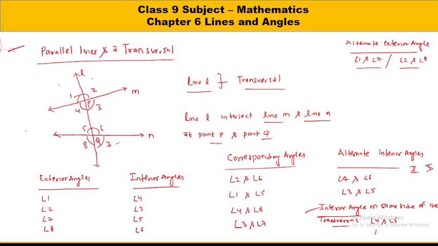Similarly we have another pair, angle 3 and angle 6, which are interior angles on the same side of the transversal. This is also called consecutive interior angles.